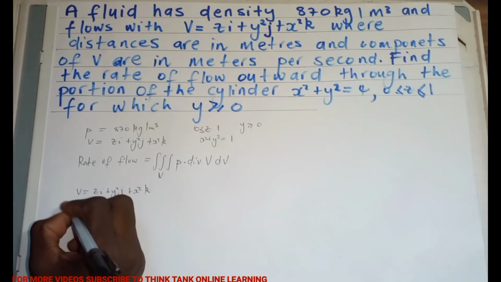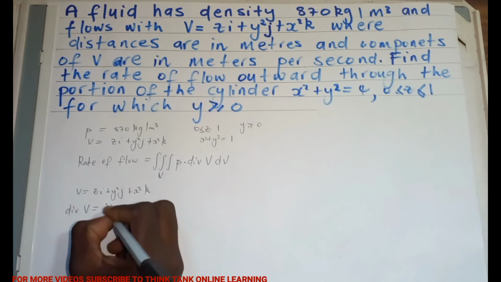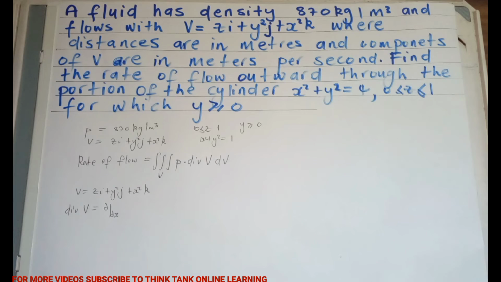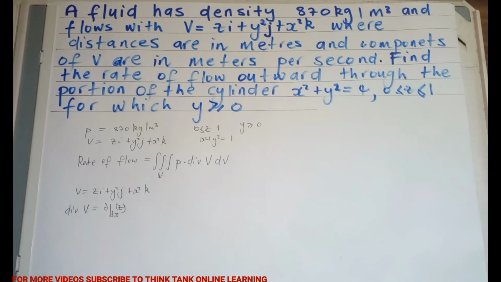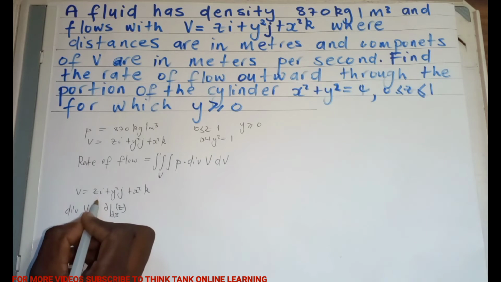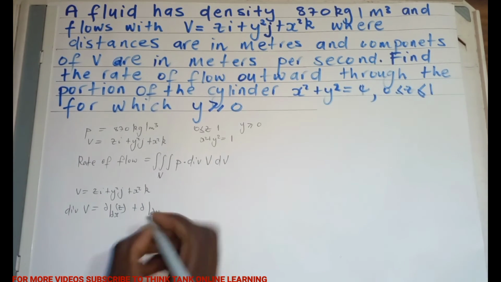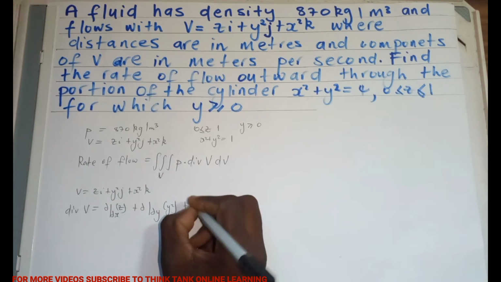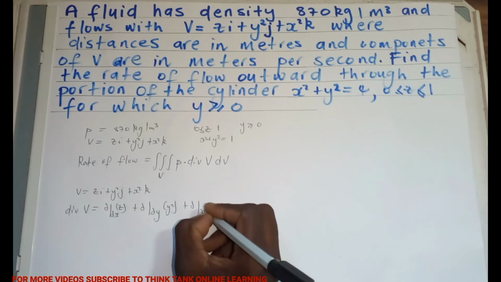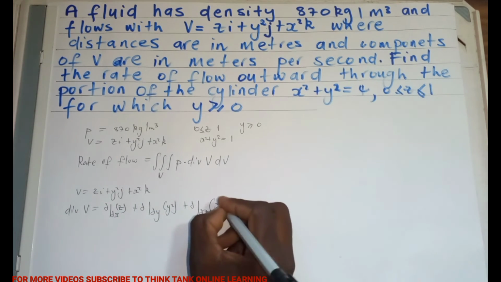The divergence of v is partial x of the i component, which is c, plus partial y of the j component, which is y squared, plus partial z of the k component, which is x squared.